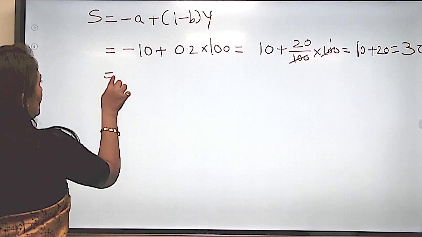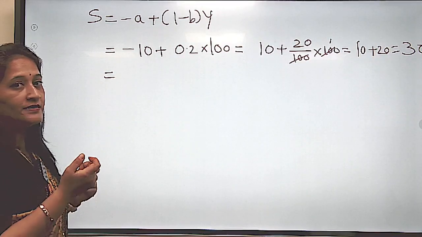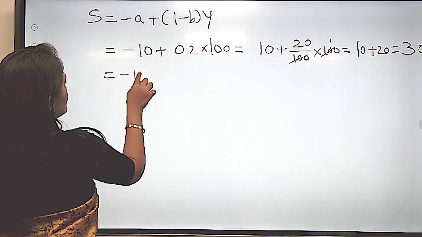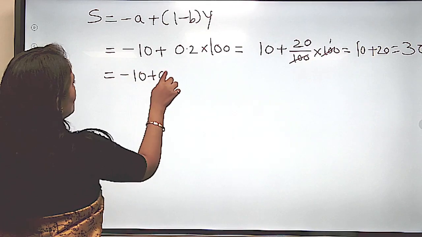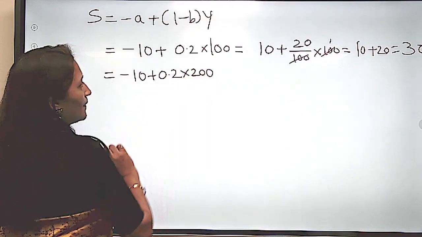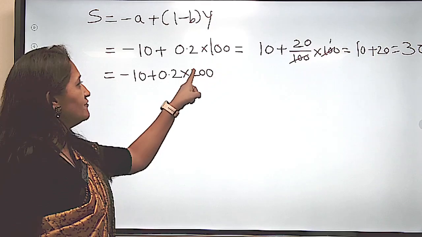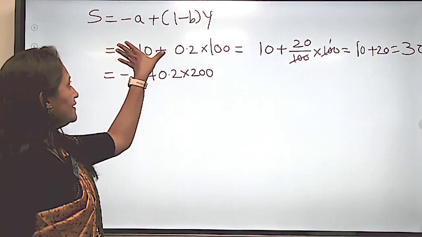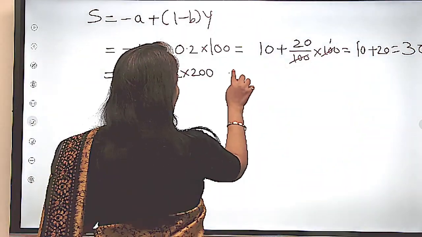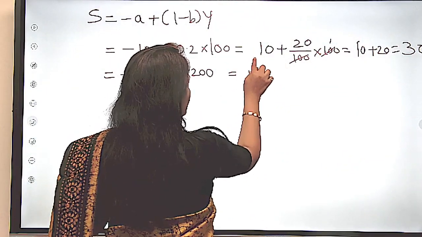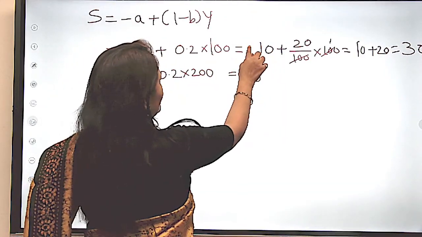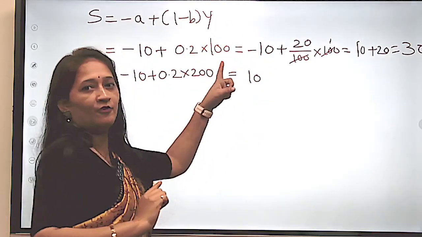Now let's try to find out levels of saving at a higher level of income. Let us say the income of the country has increased from 100 crore to 200 crore. So I'm just changing the value of Y, keeping the remaining part of the saving function as it is. Oh, sorry, I made a mistake here. As I said, it's a negative sign for 10.